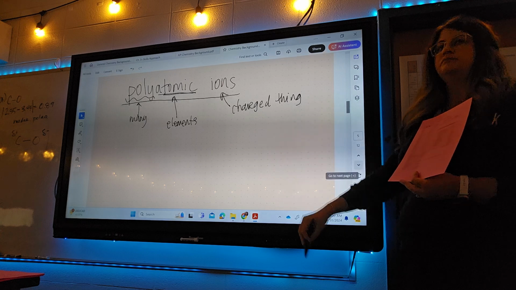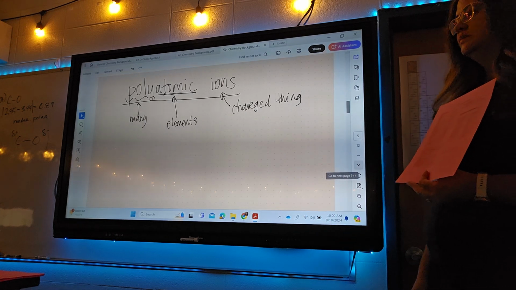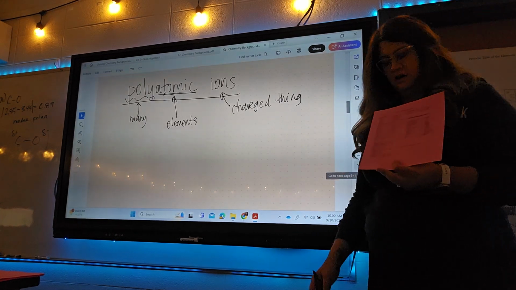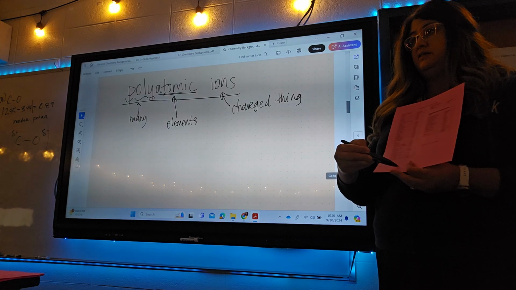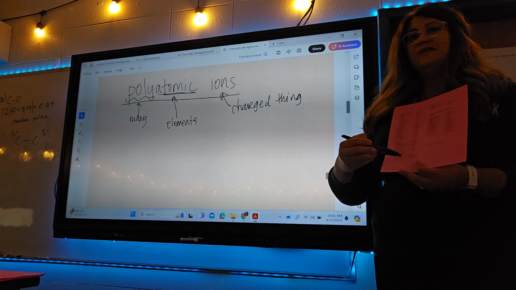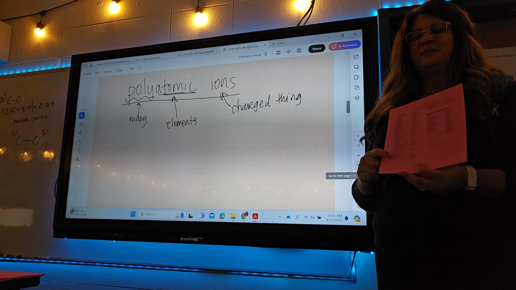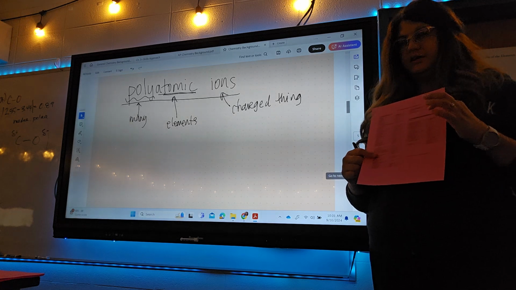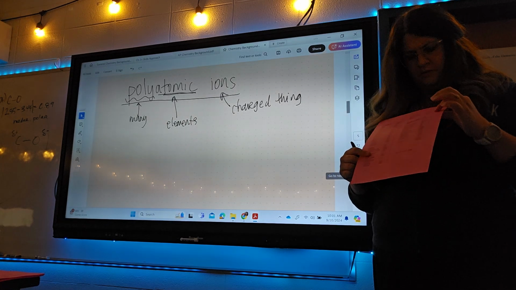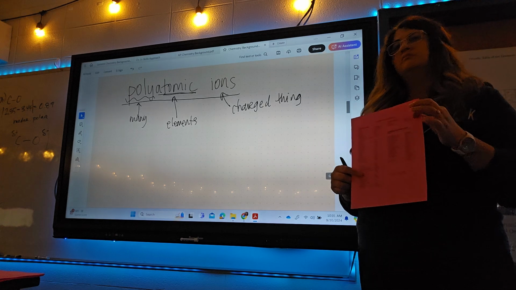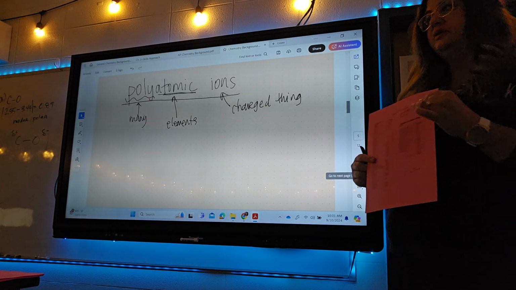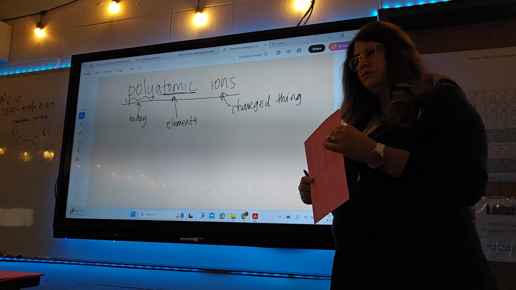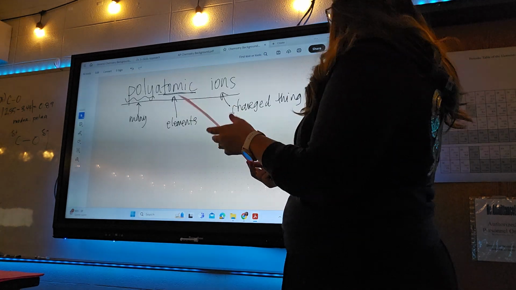Thing. So let me say this again. The polyatomics are almost exclusively negatively charged. There is one friendly exception, and he is over on the right side of your paper. It's called ammonium. And that can really throw us for a loop. So we'll get to some ammonium compounds in a minute.